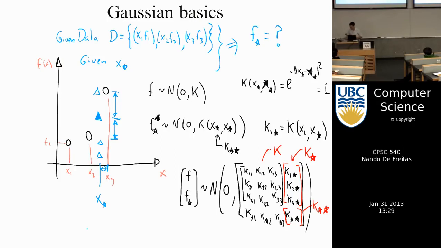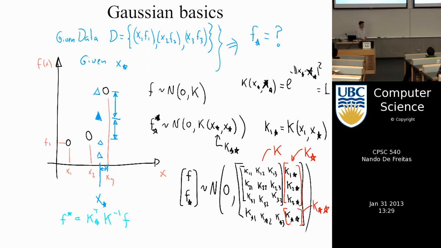And so, using the theorem, f* is equal to K* transpose times big K inverse times the vector f.